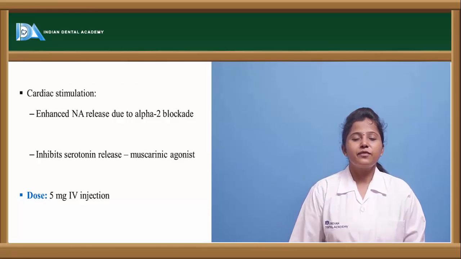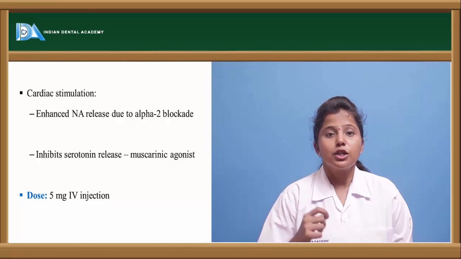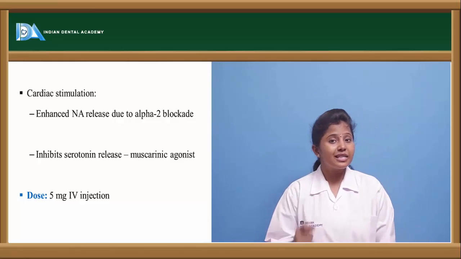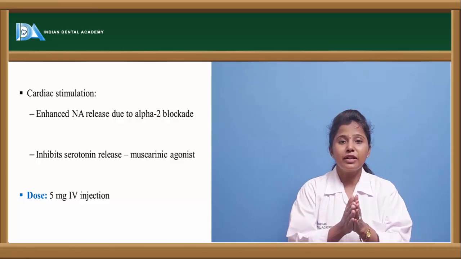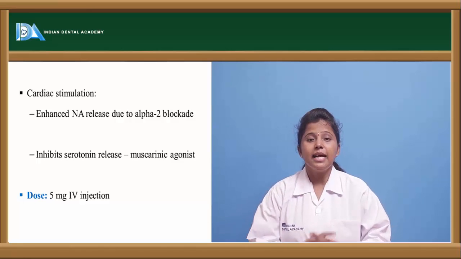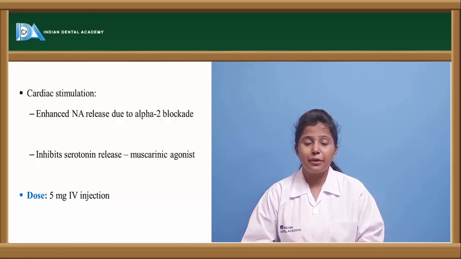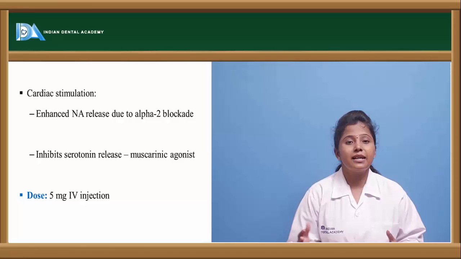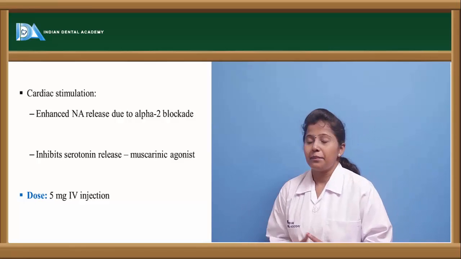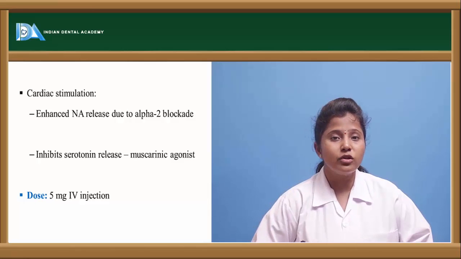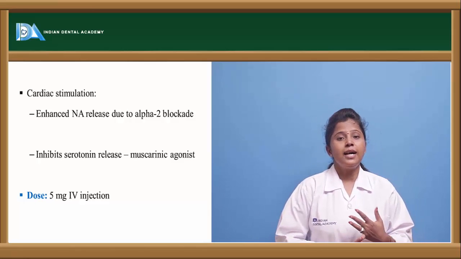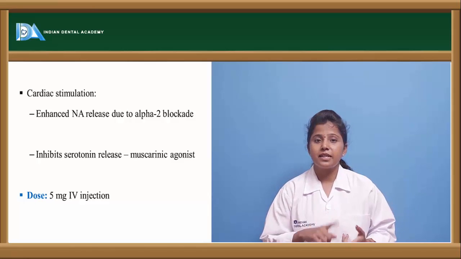The other effect of Phentolamine is cardiac stimulation. So there will be enhanced noradrenaline release because of the alpha blockade. So if the alpha receptor blockade is taking place, then the noradrenaline release will be altered, and thereby it shows the antagonistic effect. And apart from that, it inhibits serotonin release. So we saw that a few of the alpha receptor antagonists even block 5-HT receptors, acetylcholine receptors and H1 receptors.